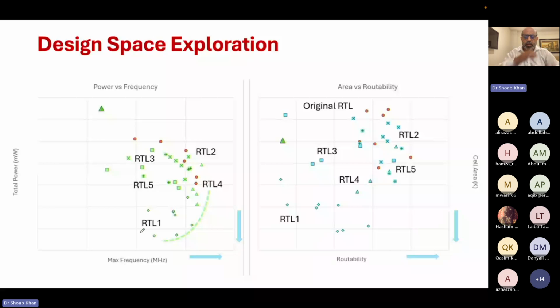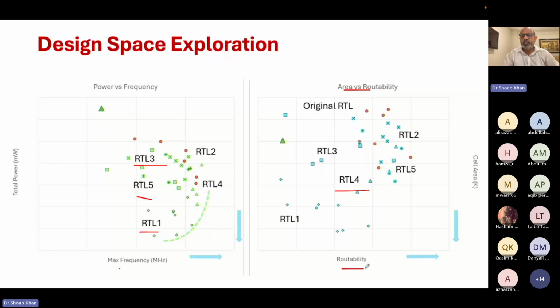These are some of the work people have done in having multiple RTL implementations of the same design, and then exploring the design space where you have power versus frequency, and also area is important.